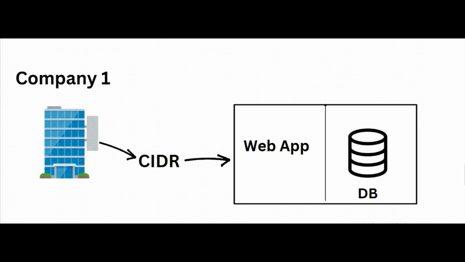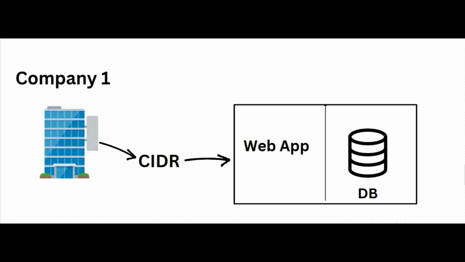For now, we just use the default IP address range to set up a CIDR. I will explain this CIDR in the next video. So for now, just understand CIDR is a method for allocating the routing.